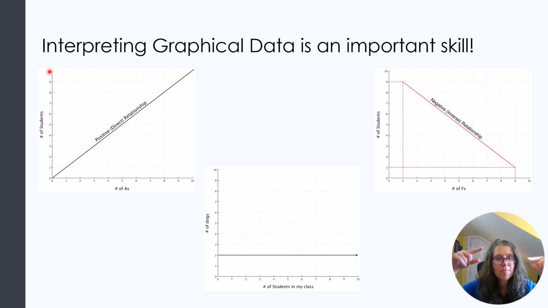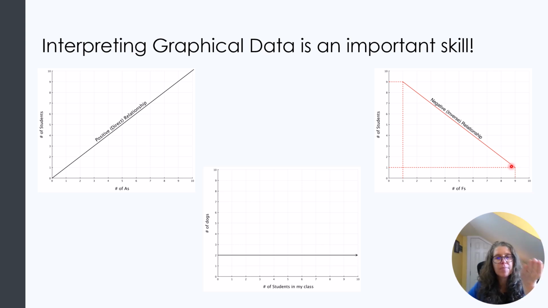They go up and down together. So as the x number gets larger, the y number gets larger. A negative or an inverse relationship, in contrast, as one variable gets smaller, think about moving down, okay, the other variable is getting larger. So they act in opposition to each other.